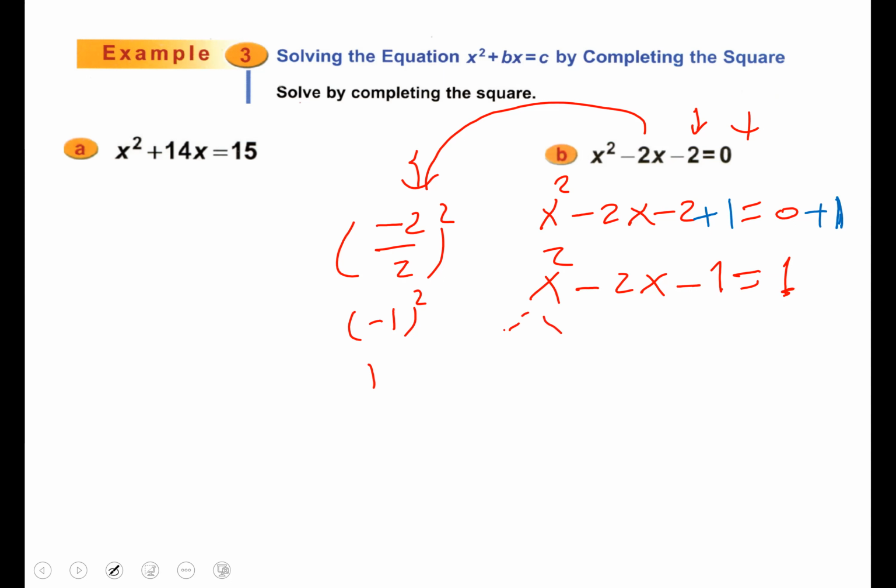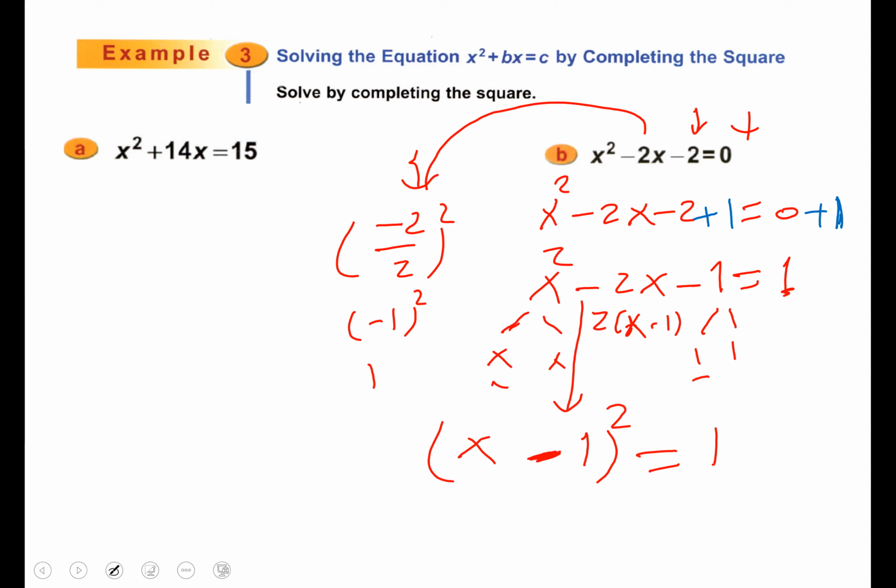You are going to write the factors of each term. 1 times 1 and 2 times x times 1. We take one of the factors of x squared and one of the factors of 1, which becomes x, and just bring down the sign: x minus 1 to the power of 2 equals 1.